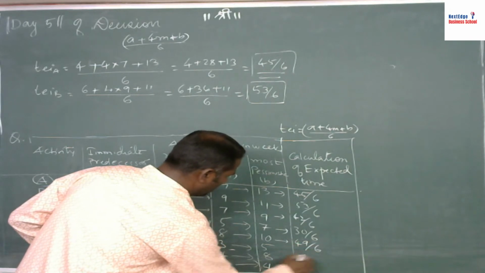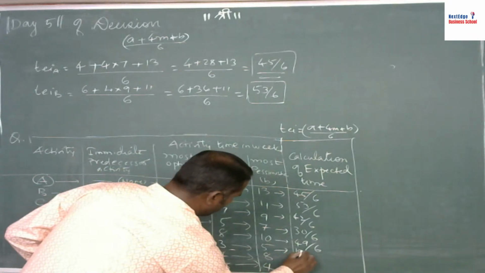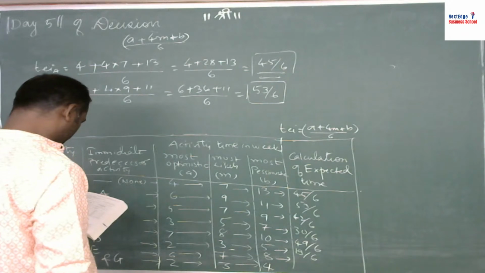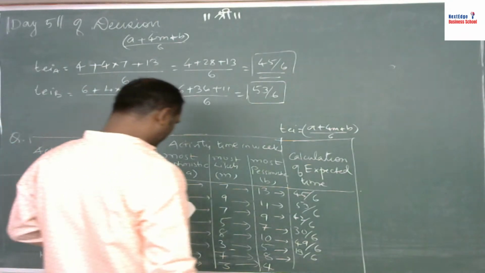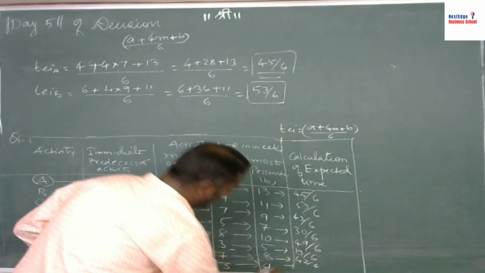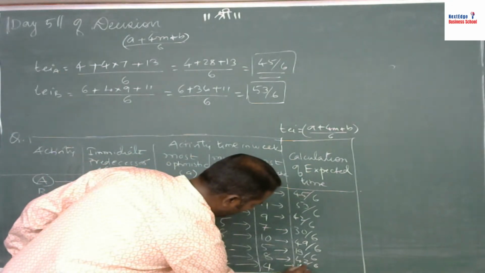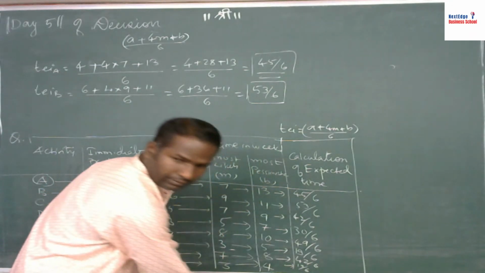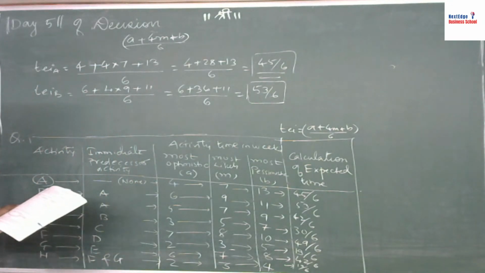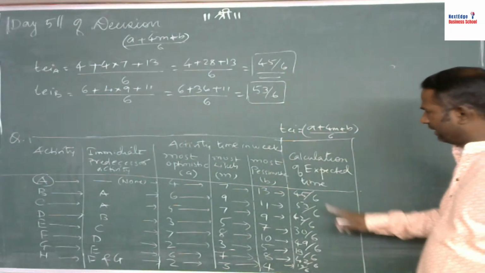For F, it's 19 by 6. For G, it's 42 by 6. And for H, it's 18 by 6. So I'm again reading the value of TE for you all.